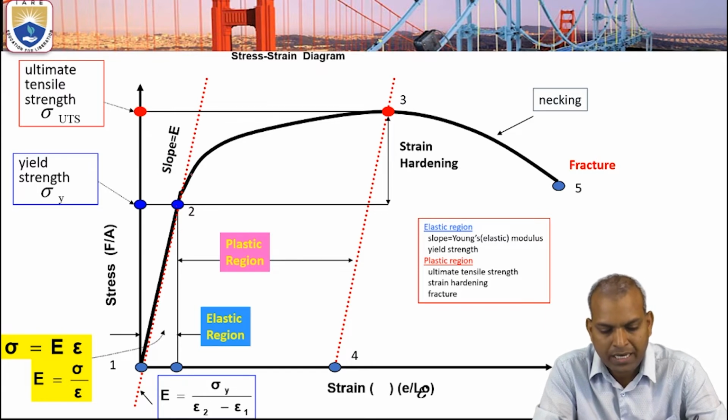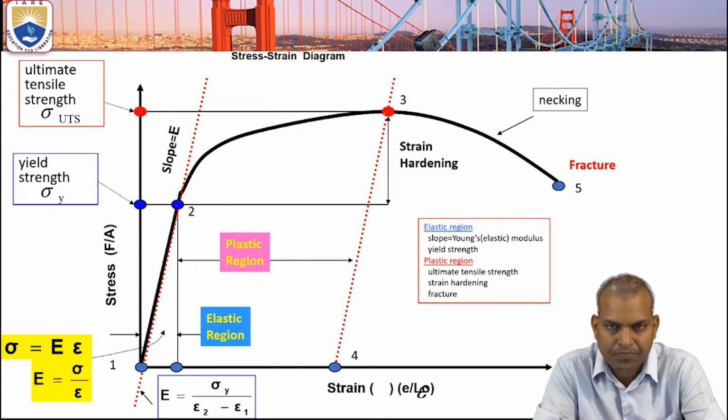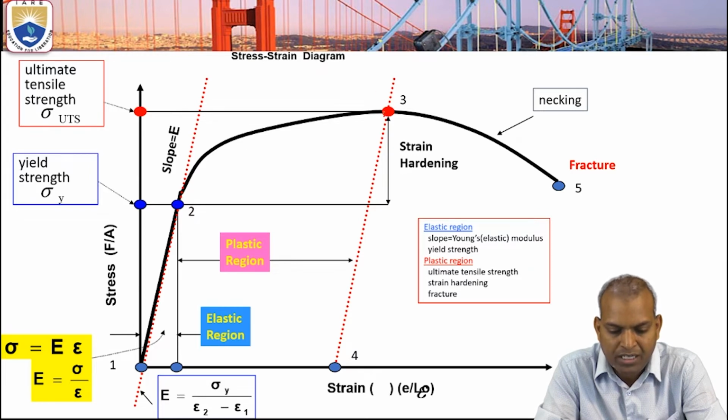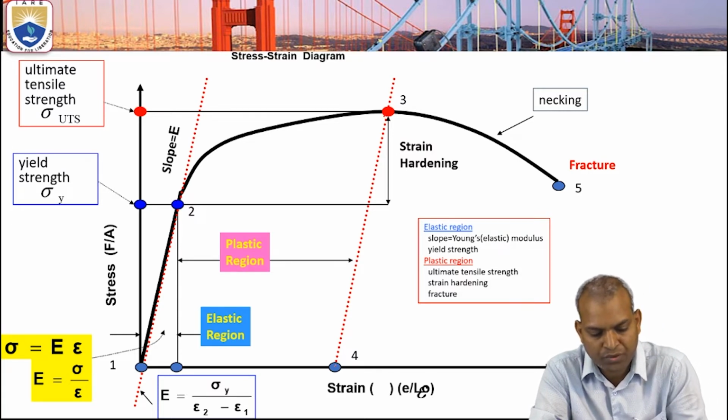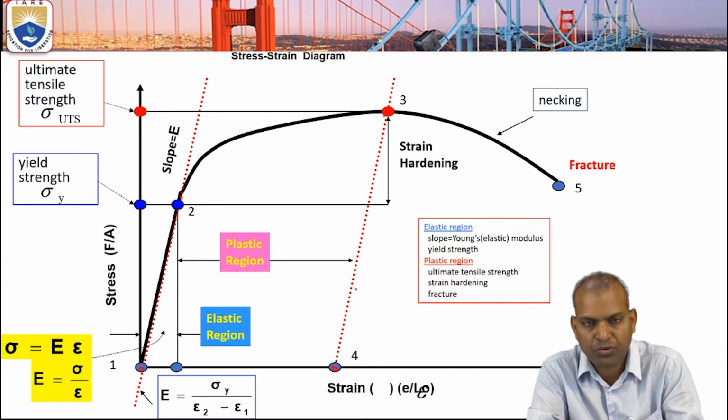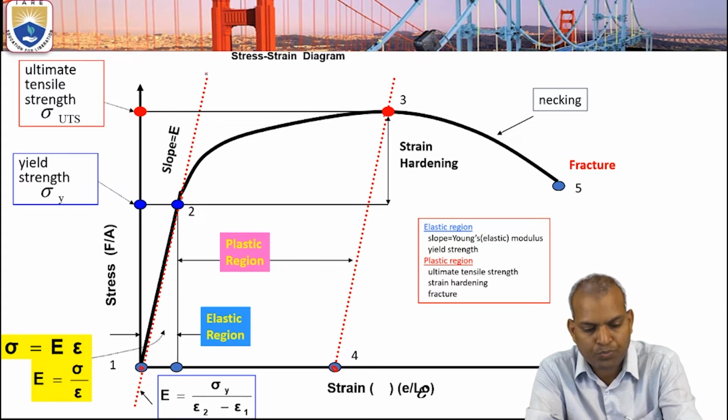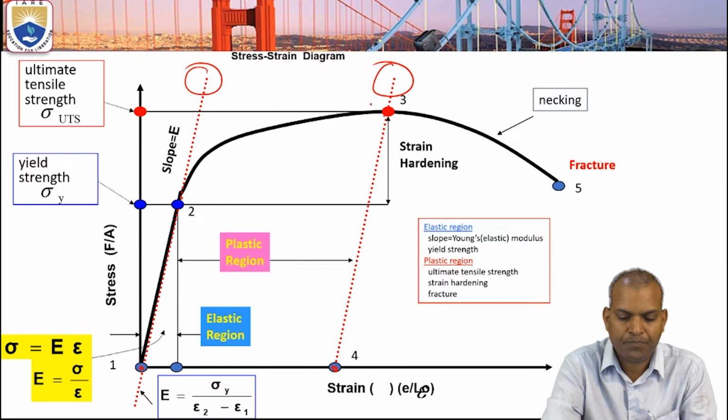If the load is still applied from point 2 to point 3, and at point 3 the material is unloaded, instead of going back along the same path, it goes back to point 4. The slopes of these two lines, between points 1 and 2 and between points 3 and 4, remain the same.